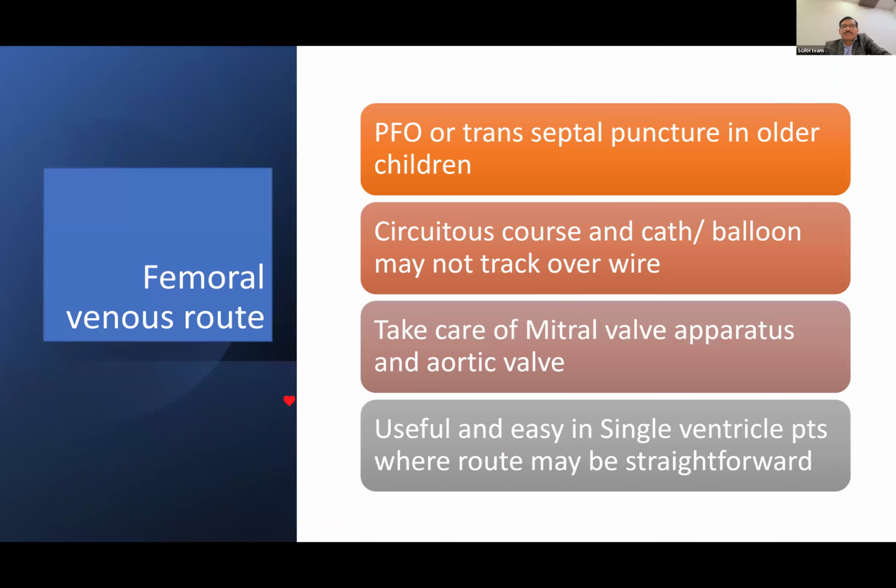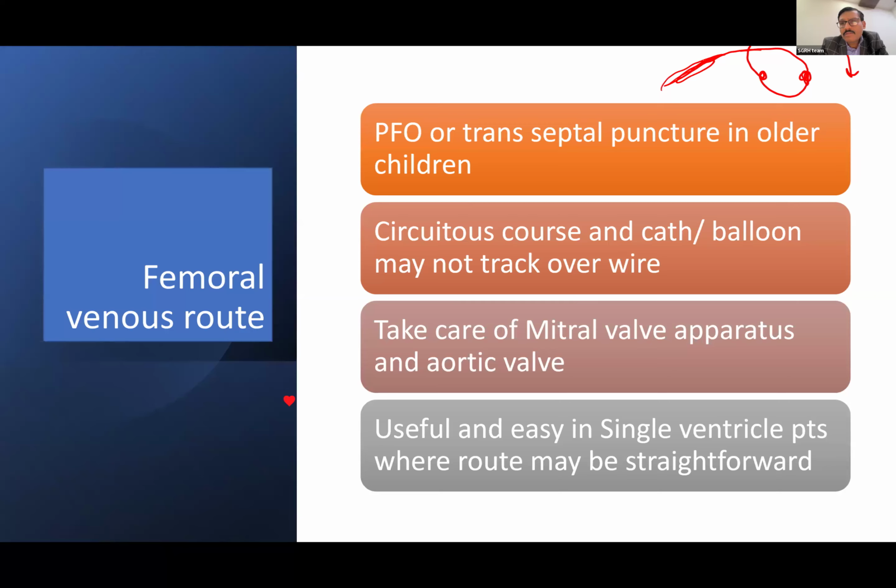Now, femoral venous route. It's also interesting to know that femoral venous route can be used in newborns by the PFO, or transseptal puncture in the older children. Basically, the circuitry is complex. The femoral artery route is direct, but here you have to go by femoral vein, PFO, mitral valve, aorta, and then carotid.